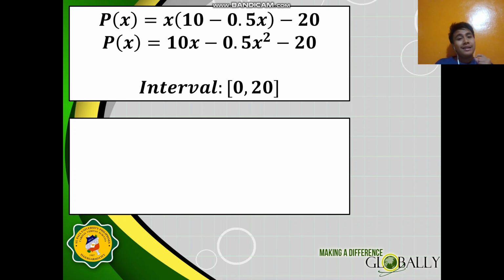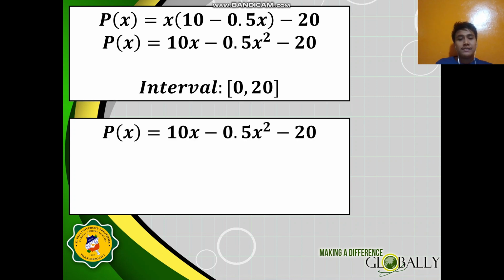So again, what is our first step? Okay, very good. We are going to find the critical value using the derivative. What is the derivative of 10x? Very good, it's 10. How about the derivative of 0.5x squared? Very good, it's negative x, and the derivative of a constant is 0.